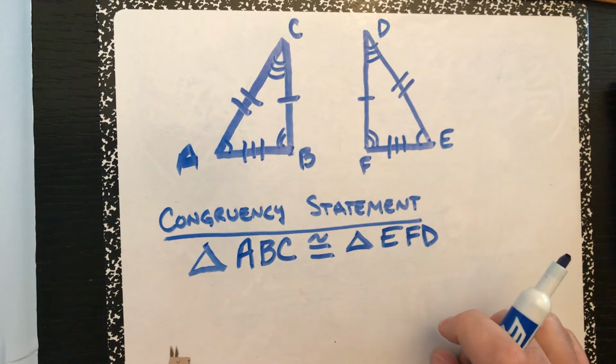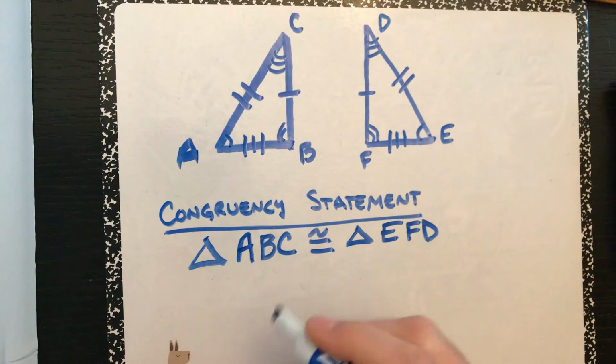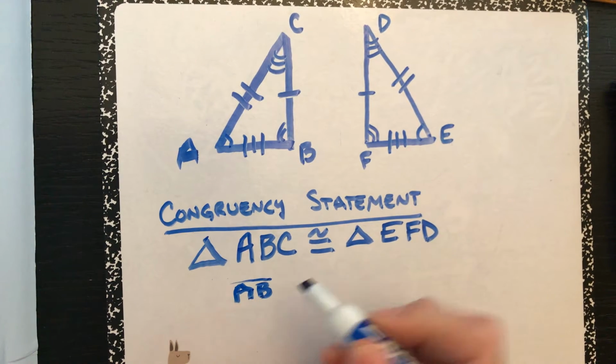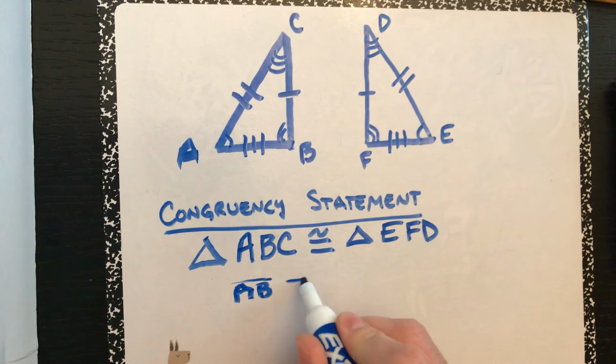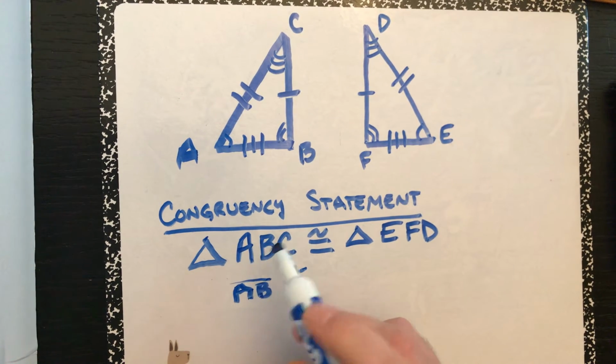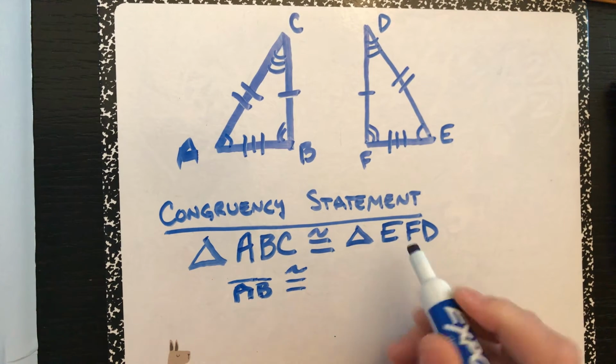So when I list my corresponding sides, I could say side AB is congruent to, remember, I picked the first two letters, side AB. That's congruent to side EF.